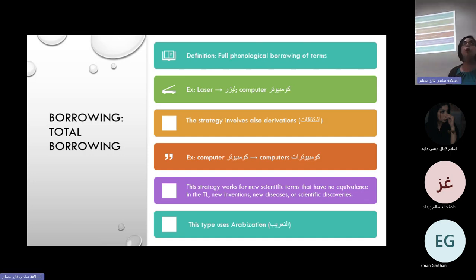The strategy involves also derivation, al-ishtiqaqat. Like when we say computer, computerat. Computers, computerat. So this strategy works for new scientific terms that have no equivalence in the target language. New inventions, new diseases, or scientific discoveries. And this type uses Arabicization. Why do we use Arabicization?